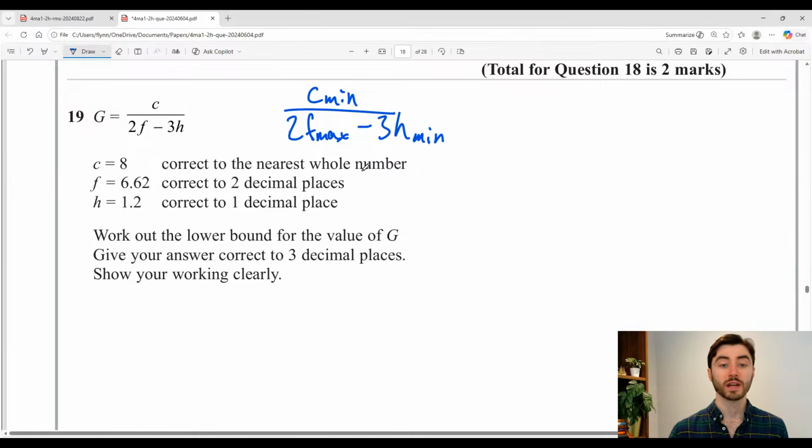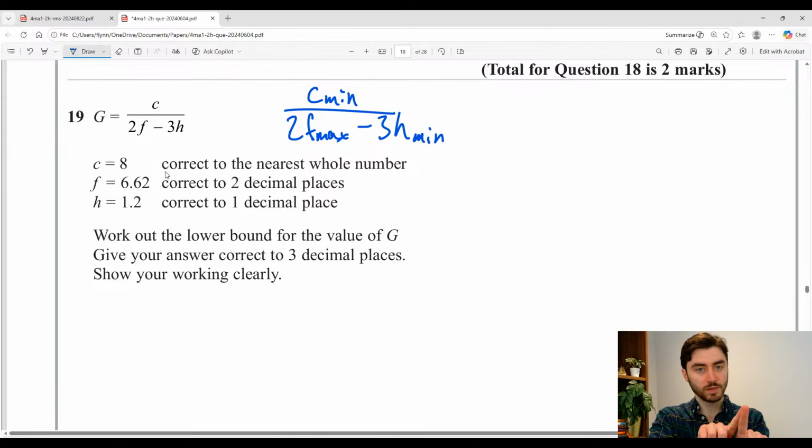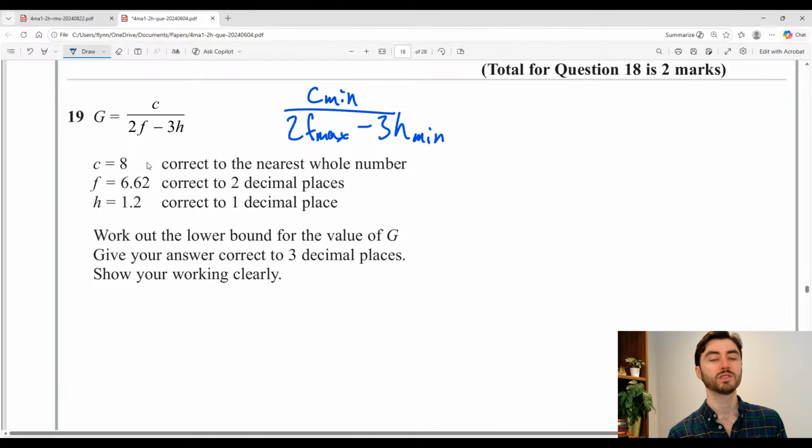Let's separately work out what's happening with these. So for c, this is going to be on the interval. What you always do is you take one more level of precision. So I would make that 8.0, and then you add or subtract 5 in that decimal place that you've added.